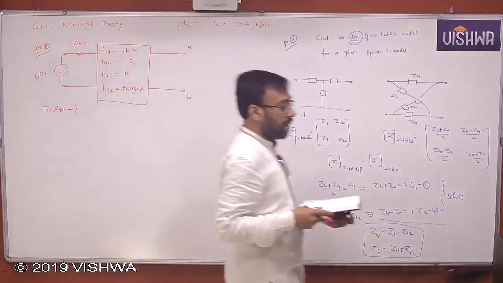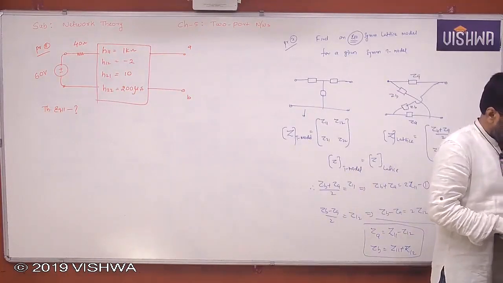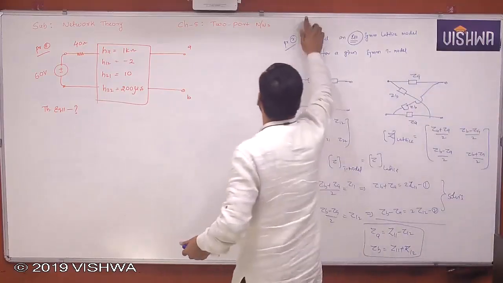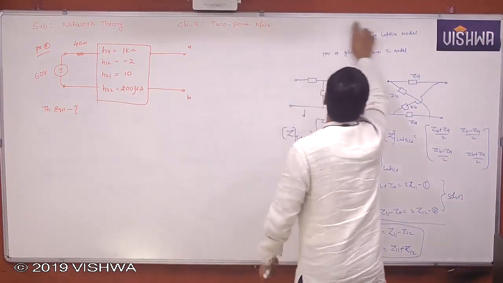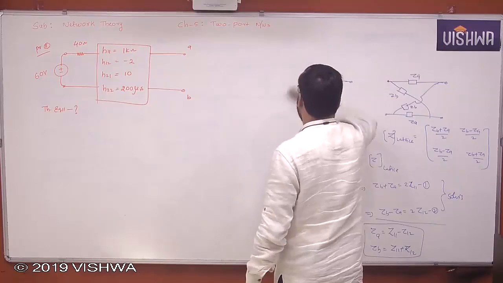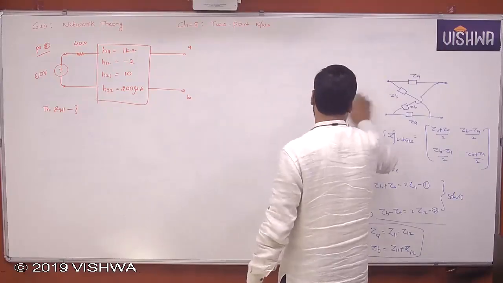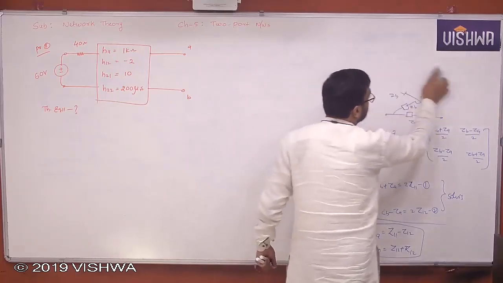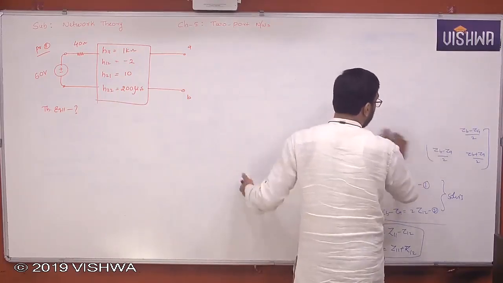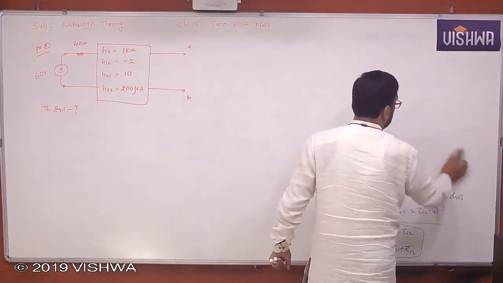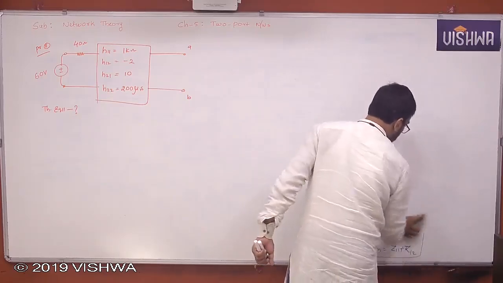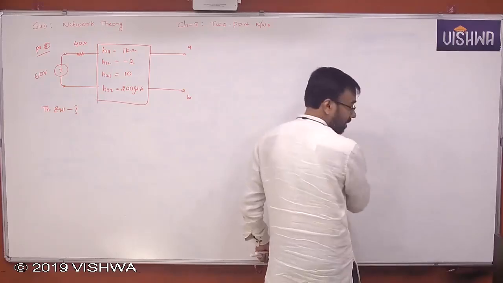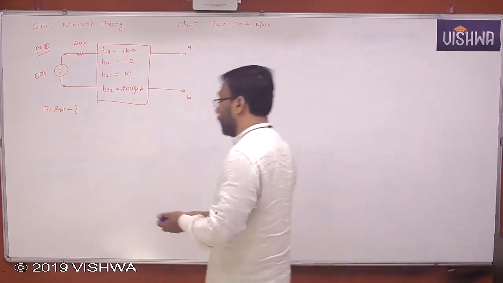This is what the problem gives. The parameters are given in this problem, and he is now asking to determine Thevenin's equivalent. Indirectly he is asking for the variables. He might be interested in either V2 or I2, or sometimes both V2 and I2, but he will ask indirectly. Look at this, all of you.